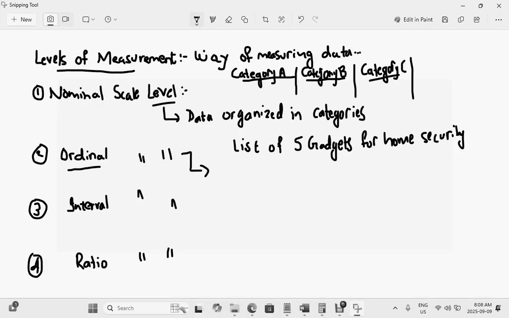In that case, you would start with the best gadget as per customer ratings. Number one would be a certain type of CCTV, for example. Number two could be your doorbell camera.